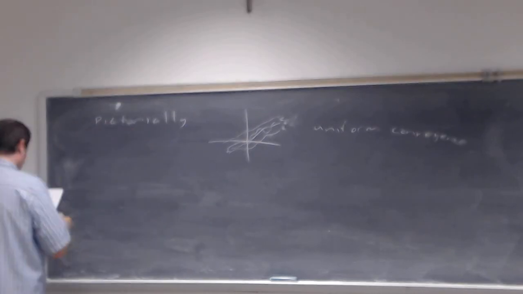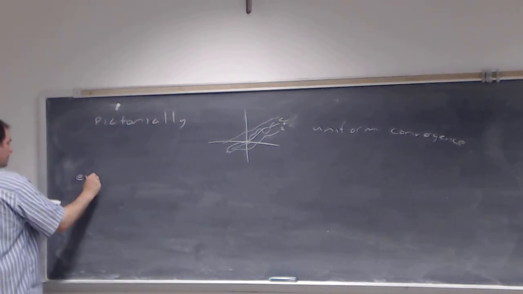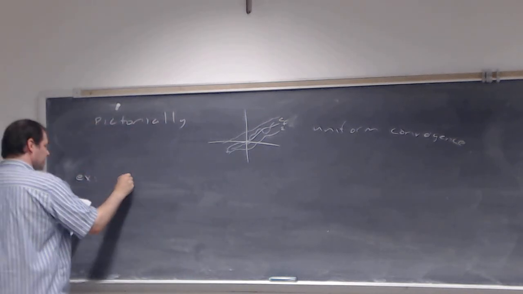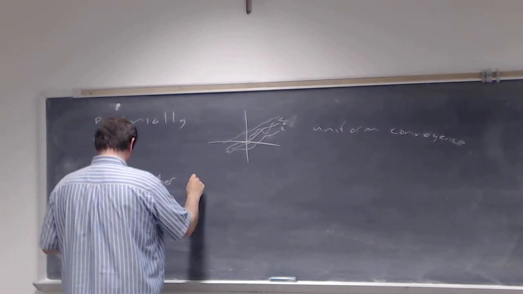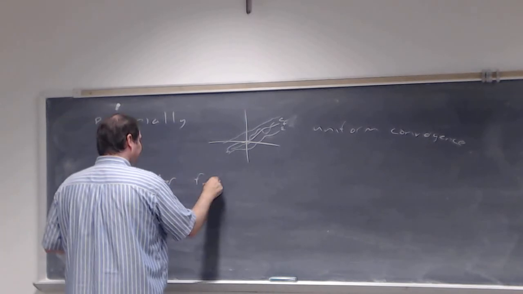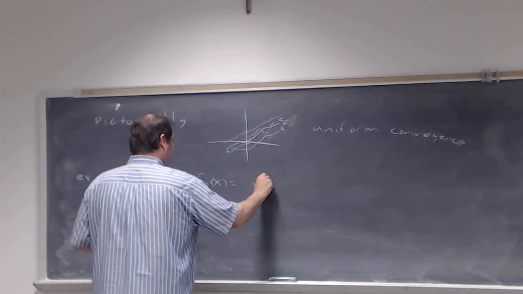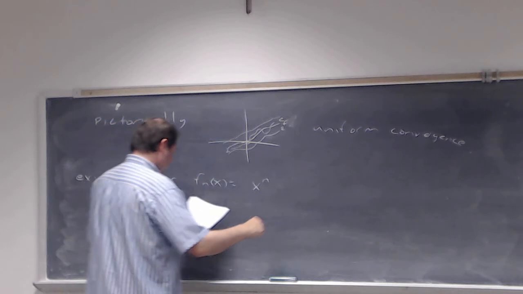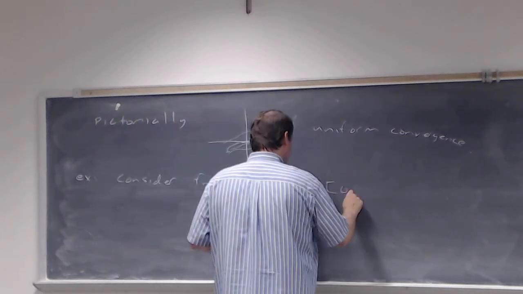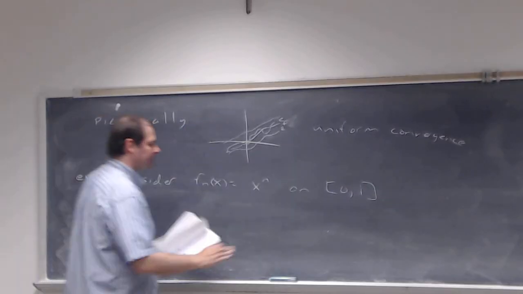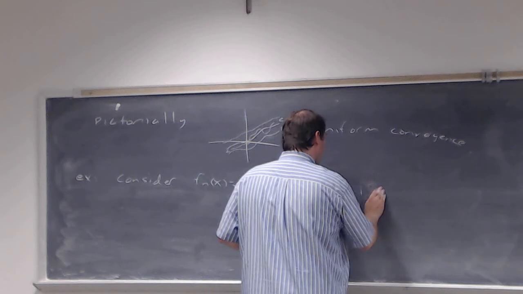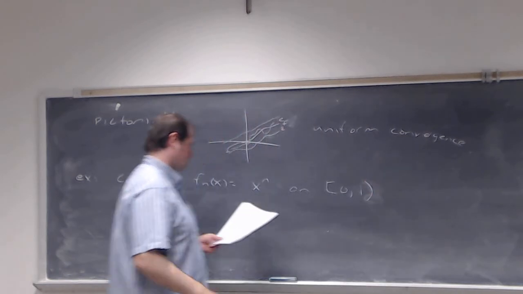Let's look at a quick example. Consider f sub n of x equal to x to the n, which we've already looked at, on 0 to 1, where we include 0 but not 1.